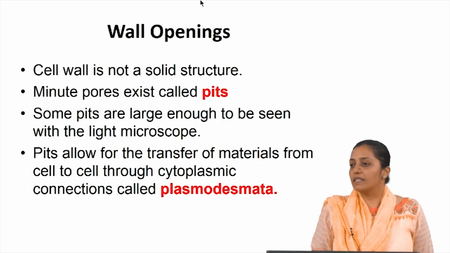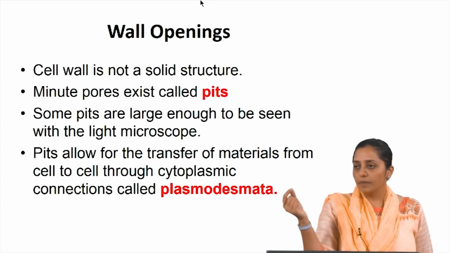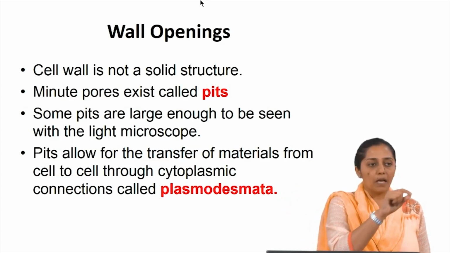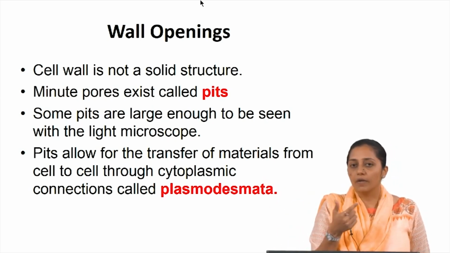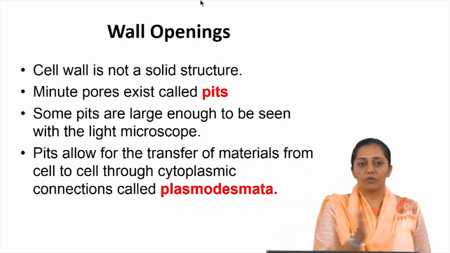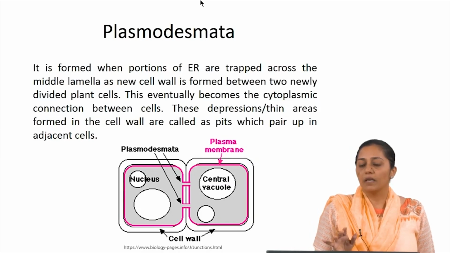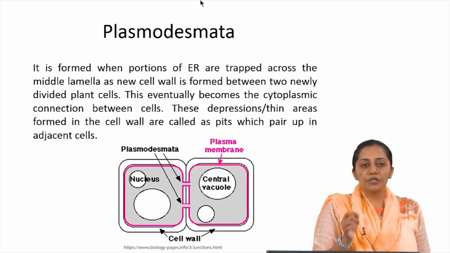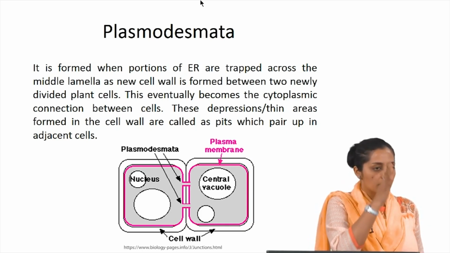Now cell wall openings, I said these are pits, which are holes in the primary cell wall through which the plasmodesmata passes, which is composed of your plasma membrane and your endoplasmic reticulum. So these are live bridges. So this is how plasmodesmata is formed. It is formed when portions of your endoplasmic reticulum get trapped across the middle lamella.